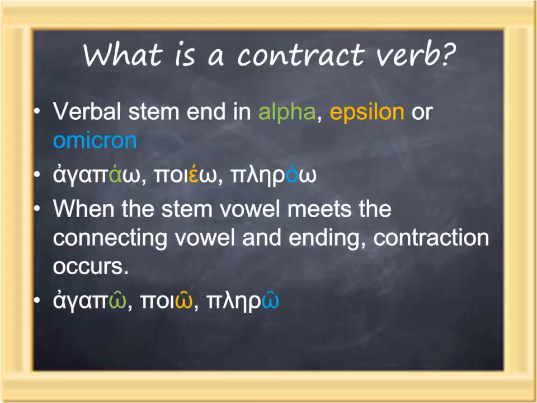We have also looked at contract verbs. These are verbs where the present stem ends in an alpha, epsilon, or omicron, such as agapao, poieo, and pleroo. In looking at these types of verbs, we've focused on the contraction that occurs between the stem vowel and the connecting vowel.